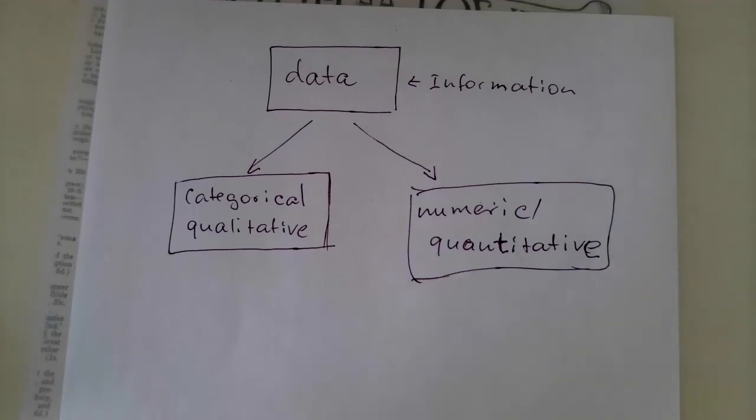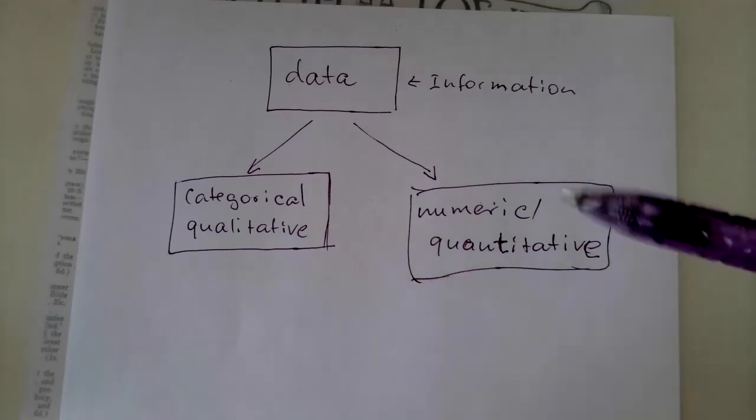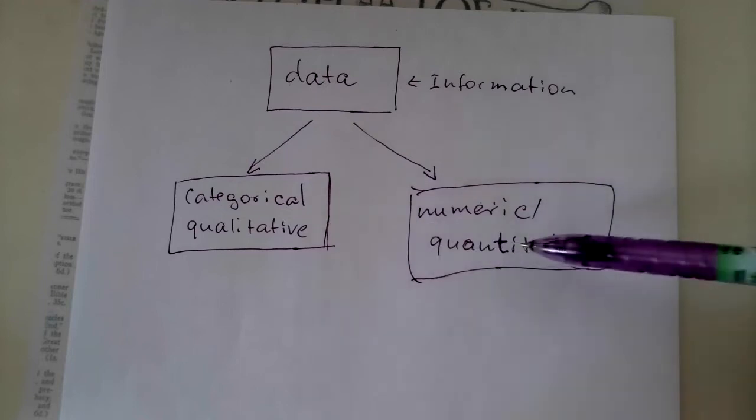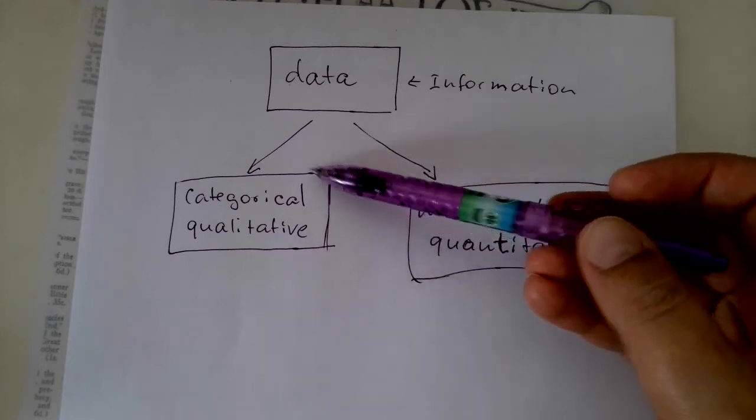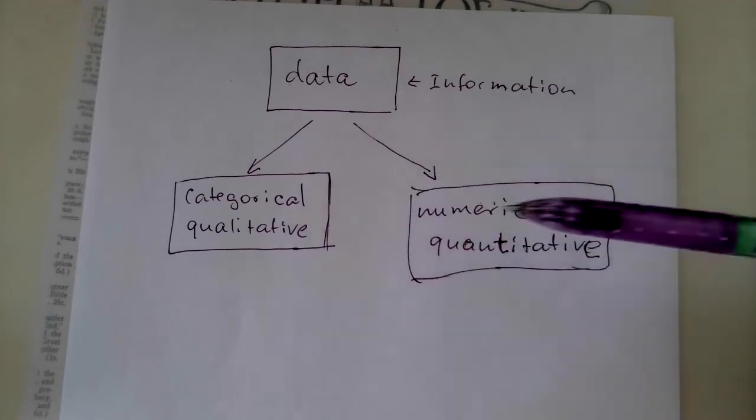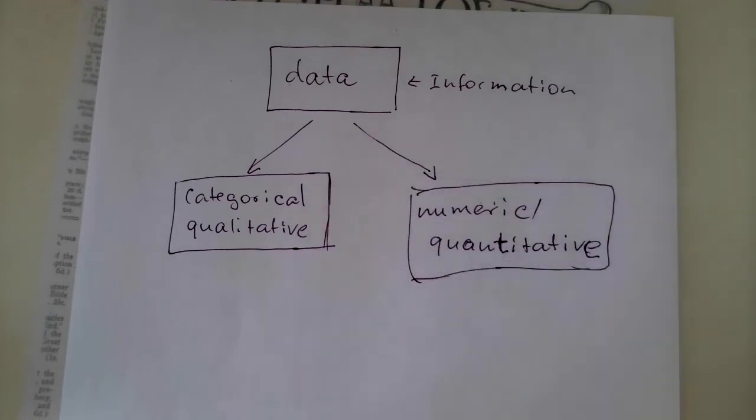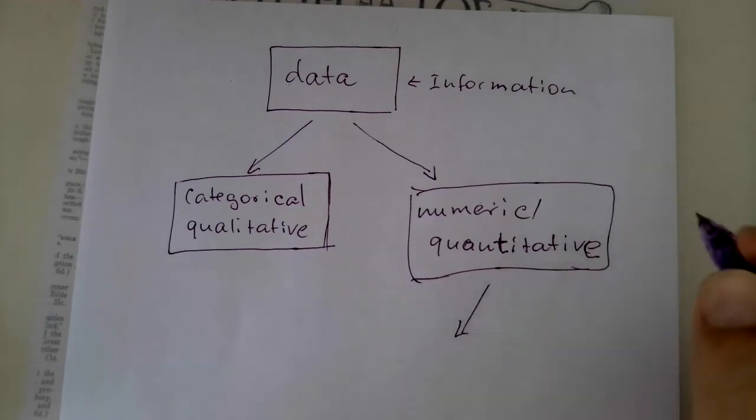So let's talk about the subtypes. These two big categories, the categorical or qualitative and the quantitative data, are further divided into subtypes.